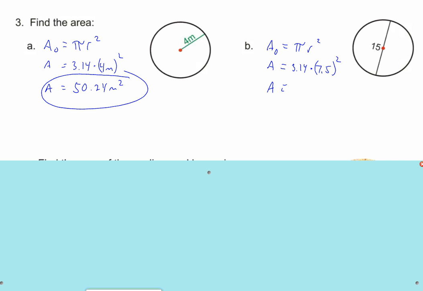This one ends in 3 decimal places, which is still a round off, but that's okay because we rounded off pi. 176.625 units squared, right? We do the U for units squared. Everybody okay with 176.625? Half of that 15, as Luke earlier said, was 7.5.